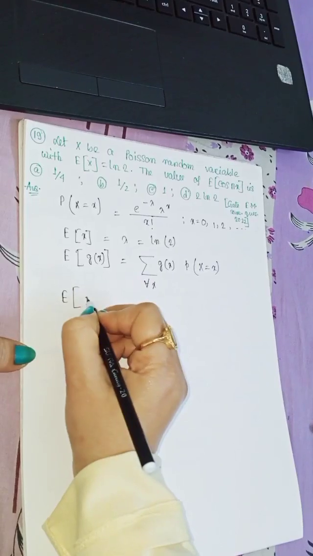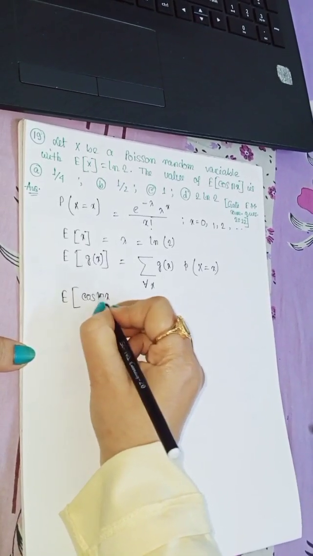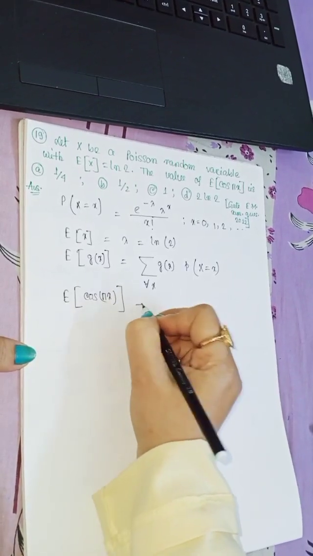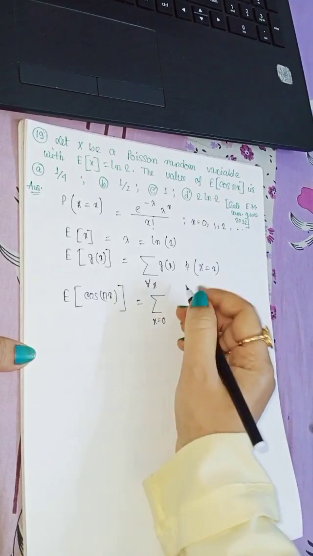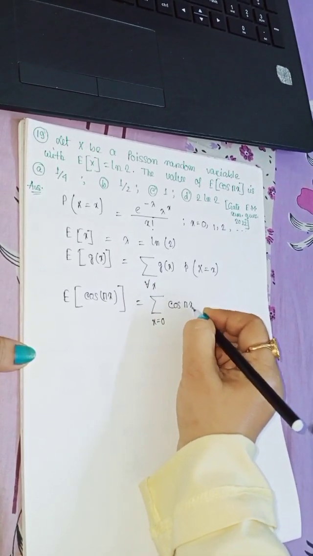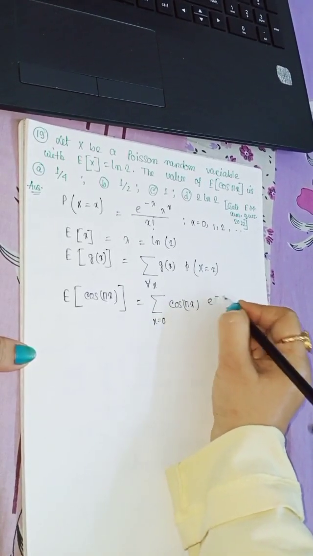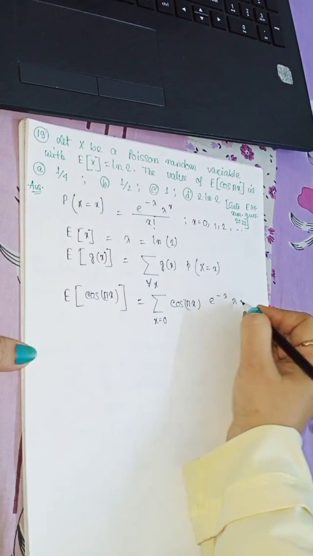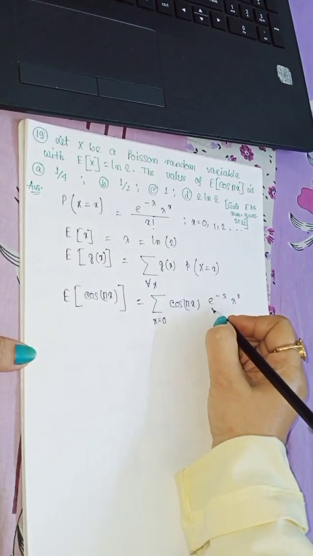So E of cos of πx is the sum over x from 0 of cos of πx times e to the power minus lambda into lambda to the power x divided by factorial x.